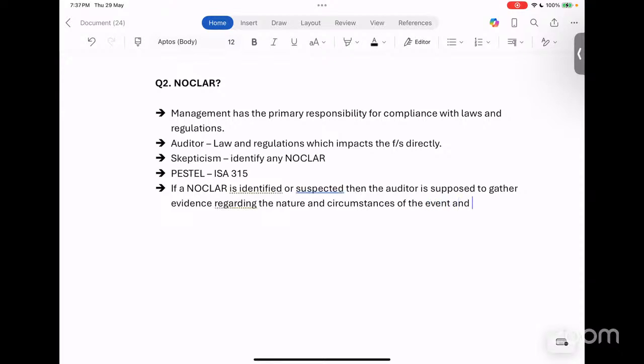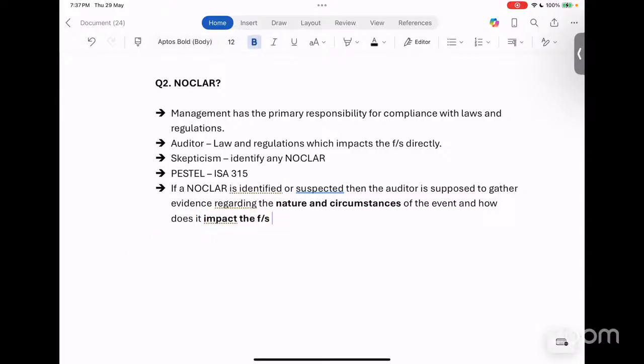That's the first thing. And then assess how it impacts the financial statements. This is what the auditor is supposed to do if any NOCLAR is identified.